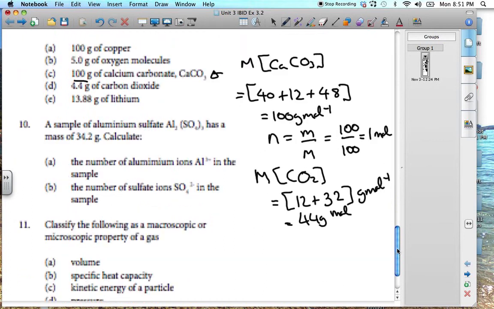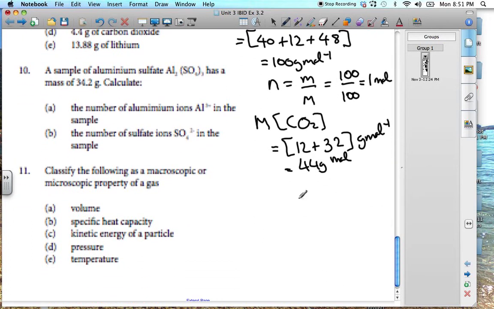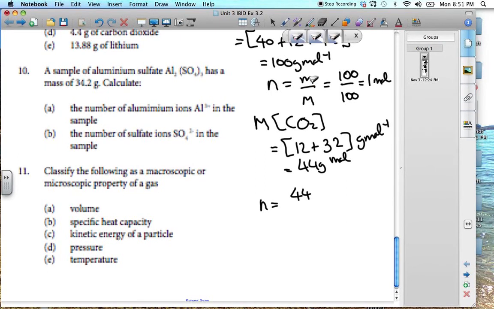So the number of moles will therefore equal, we are told we had 4.4 grams of it, divided by 44, so we've got 0.1 mole of carbon dioxide.